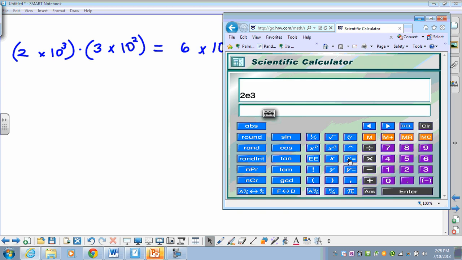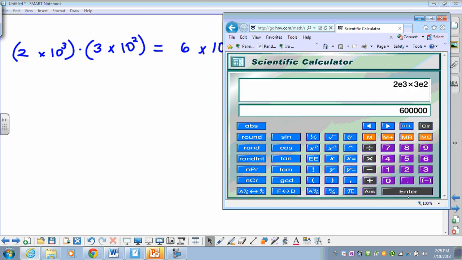Then we want to multiply that by 3 times 10 to the second. So 3 EE 2. Oops, sorry, I hit the wrong one this time. I hit it twice by accident, so you just hit it one time and then 2. And it should know that that is 3 times 10 to the second.